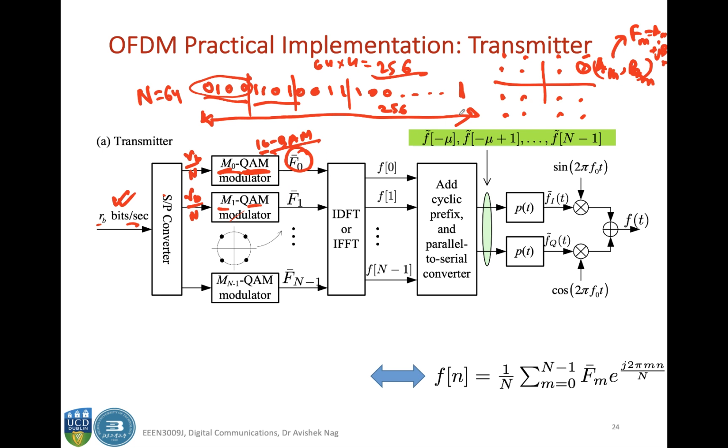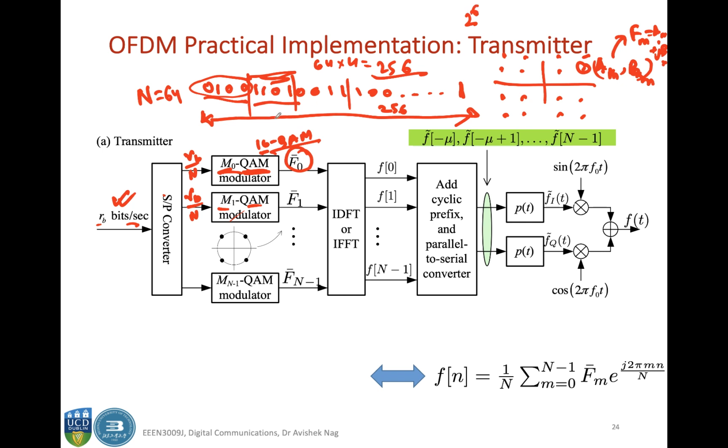For F1 you also have a separate QAM from where you are picking up a symbol. Here we are taking an example where all of them are 16 QAM, but that may not be the necessary case. This M1 could be 64 QAM. In that case, your second symbol has to be 6 bits long, because 64 is 2 to the power 6.